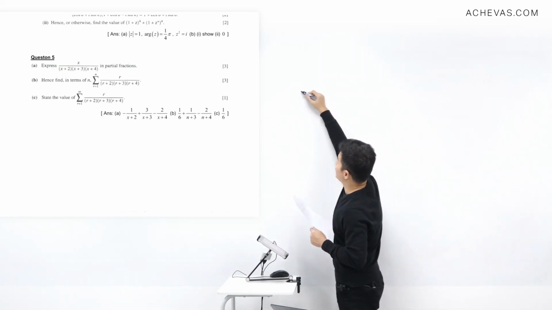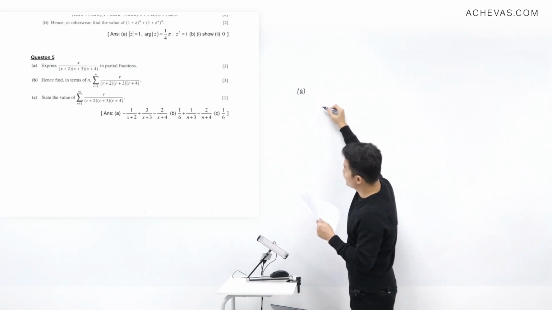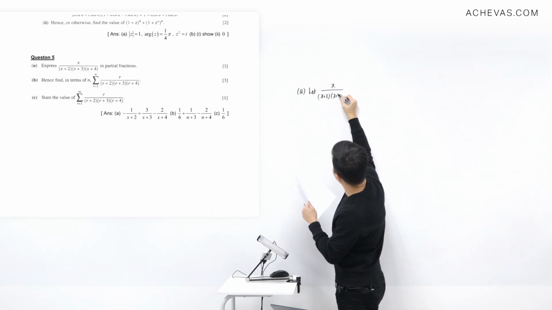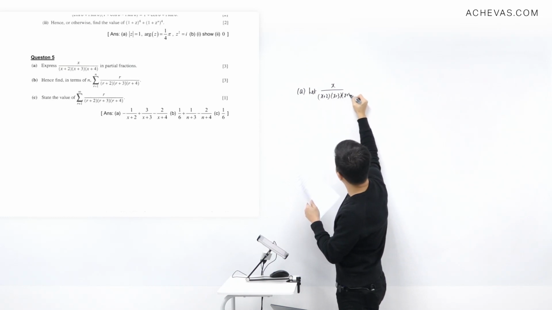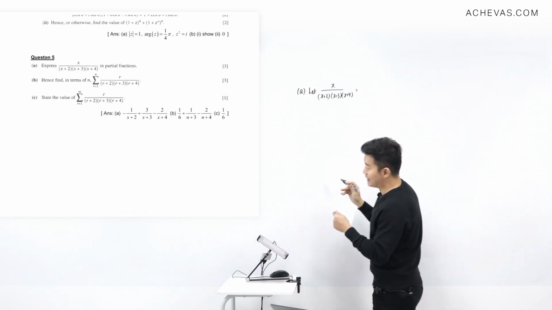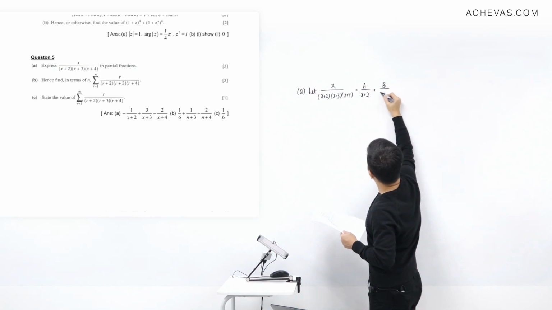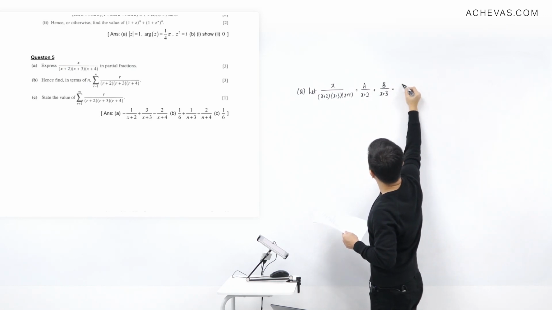So part 1, this is part A. For part A, we are going to let what is given to us, which is x over x plus 2 multiplied by x plus 3 multiplied by x plus 4, be equal to a over x plus 2 plus b over x plus 3 plus c over x plus 4.